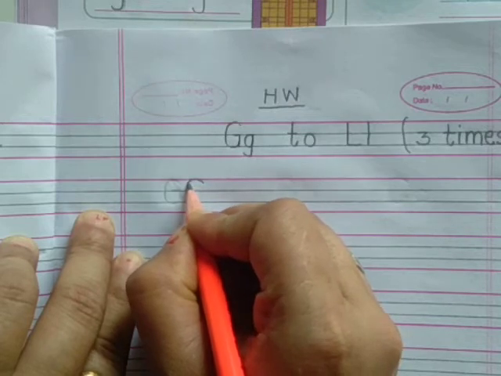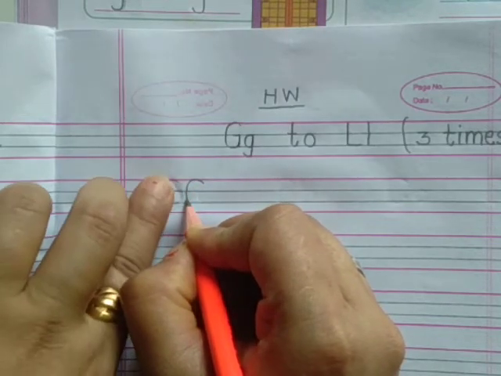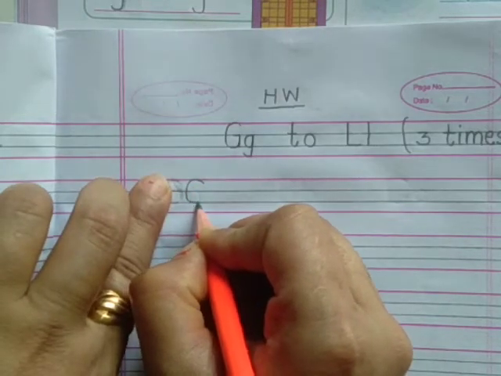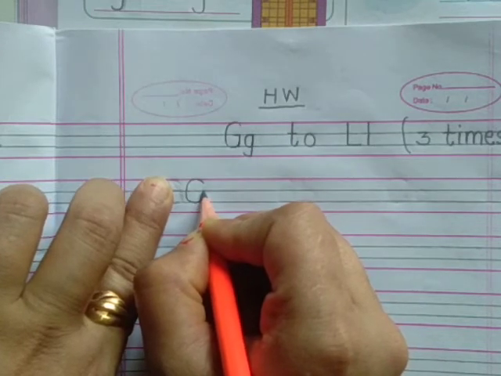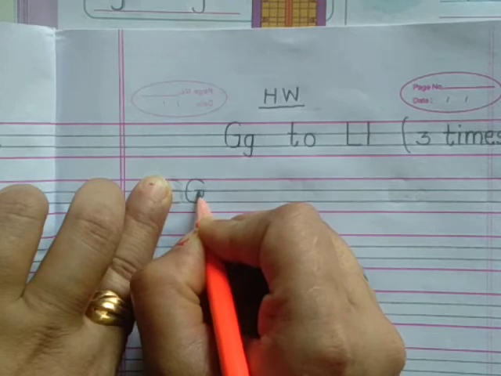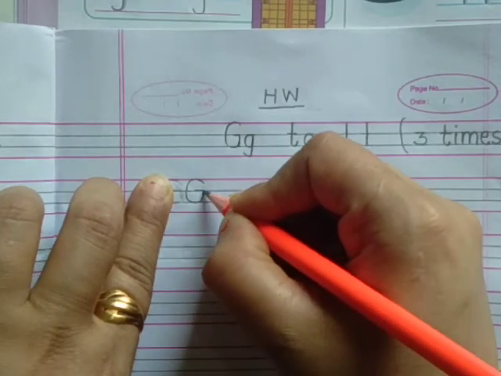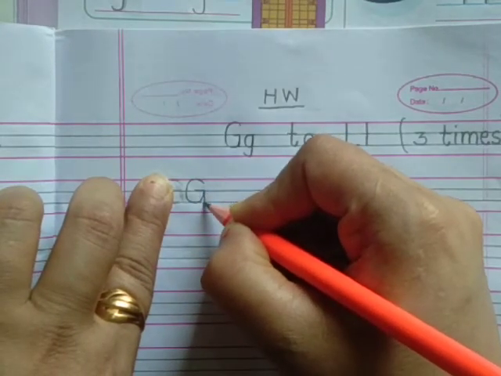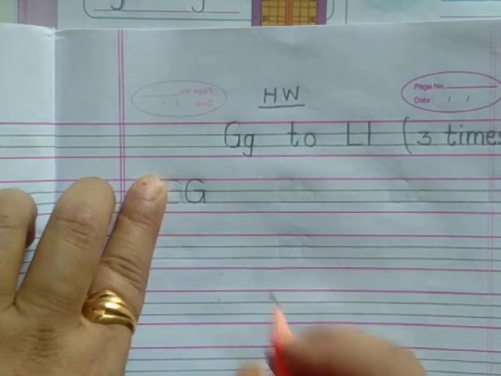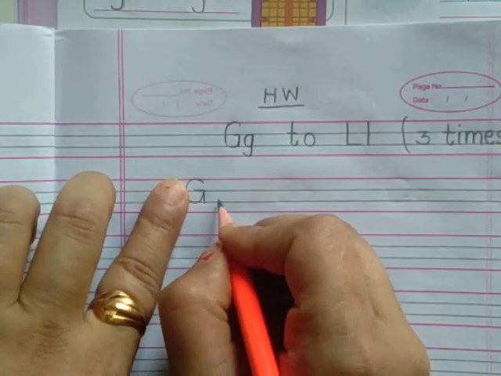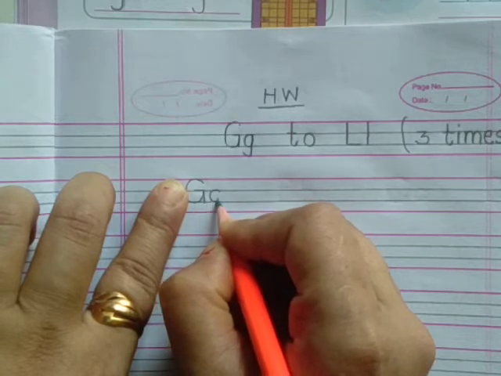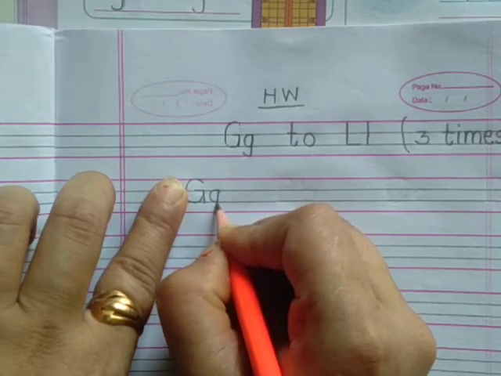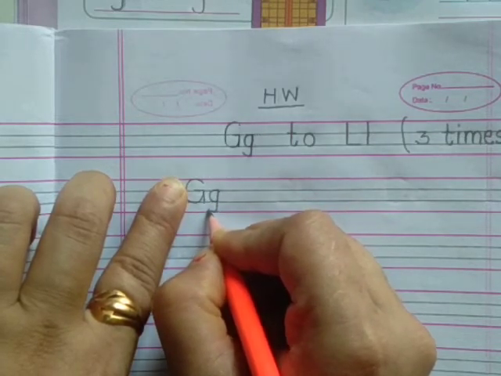A big left curve, go up, sleeping, trace it again, and from here you need to draw a standing line. Capital letter G, small letter g. You have to go slowly.